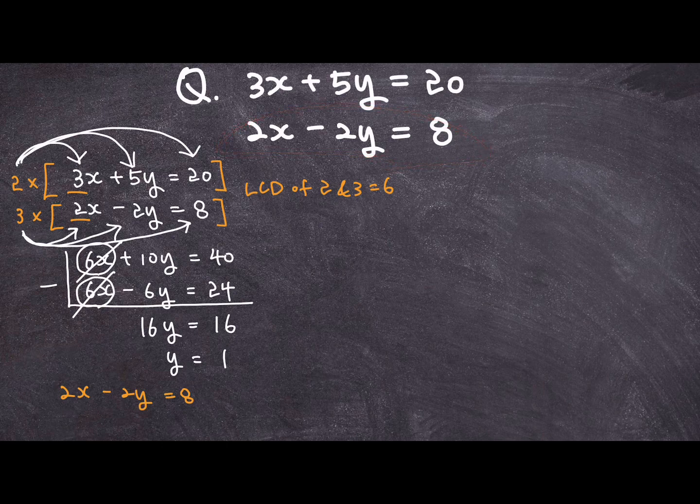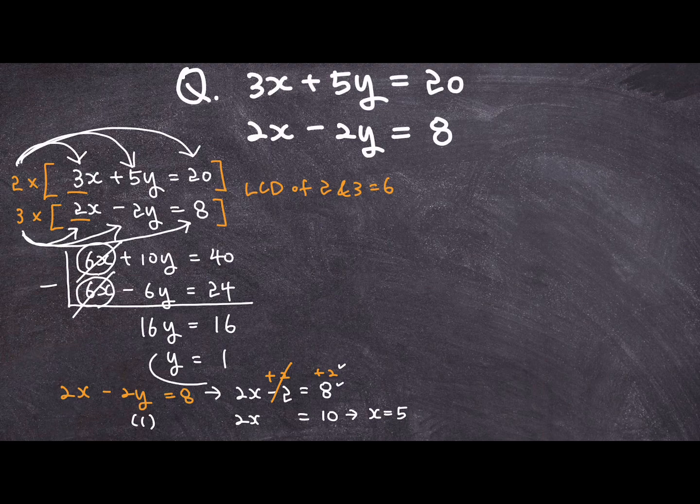And I am going to substitute the value of y, which I know is 1, and that'll give me 2x minus 2 times 1, which is negative 2, is equal to 8, which means if I add 2 to both sides, I can eliminate that and say that 2x is equal to 10, which means my x is equal to 5.